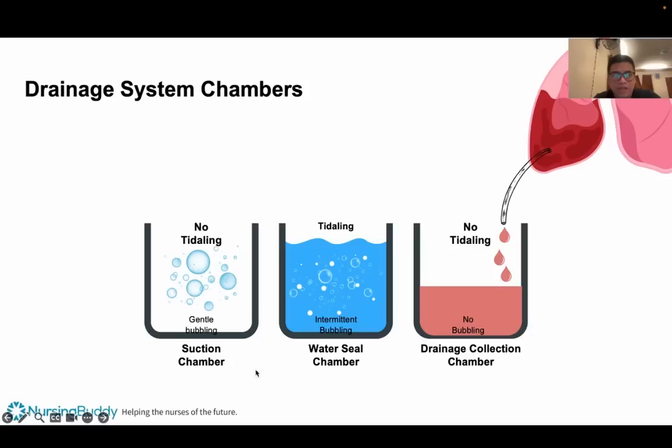So when we say suction chamber, kapatid, it's basically where the fluid suction from the patient goes to. Okay? So what do we want in your suction chamber? We only want that word gentle bubbling. Yun lang yung kailangan natin dito. And also, there should be no tidalling. Okay? No tidalling din dyan. What we need there is gentle bubbling.